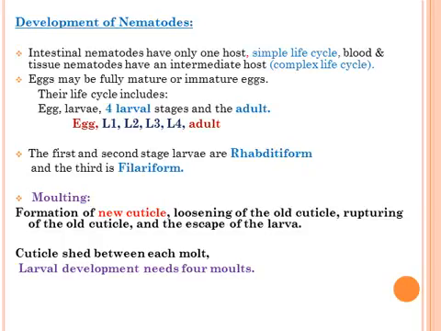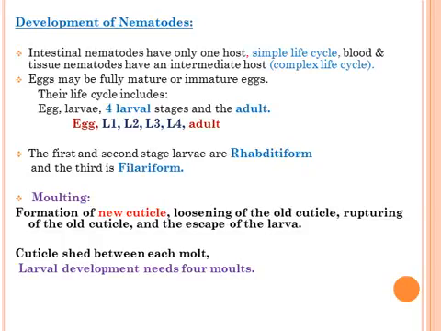The egg matures to larva 1, then larva 1 develops to larva 2, then larva 3 and 4. After that, the adult male or female. The first and second larva stages, larva 1 and larva 2, are called rhabditiform larva, and larva 3 and larva 4 are called filariform larva.